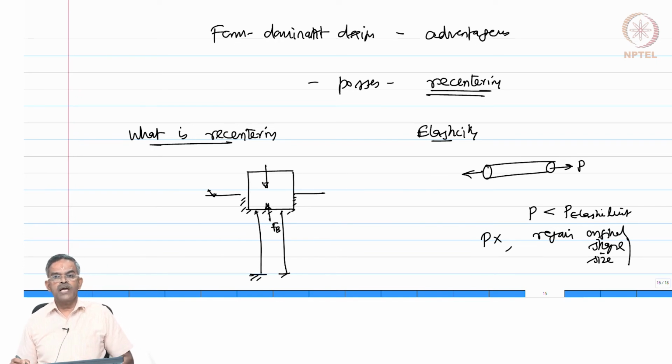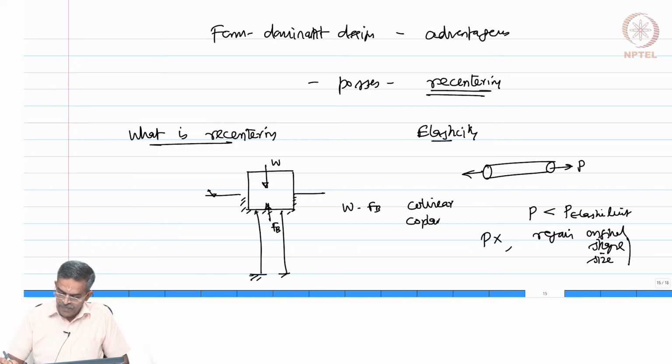The system is designed in such a manner that W and FB will be collinear, coplanar and act at the same point. However, for form dominant design, as I discussed in the last lecture, buoyancy will exceed the weight.